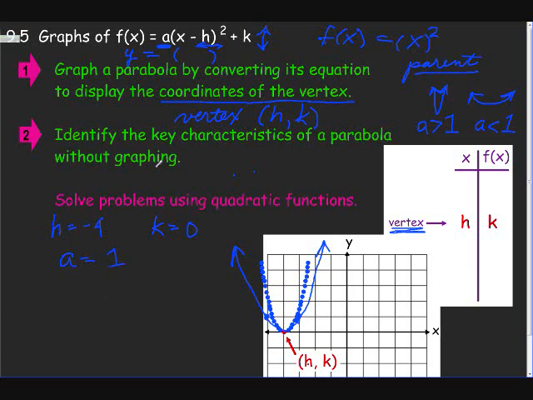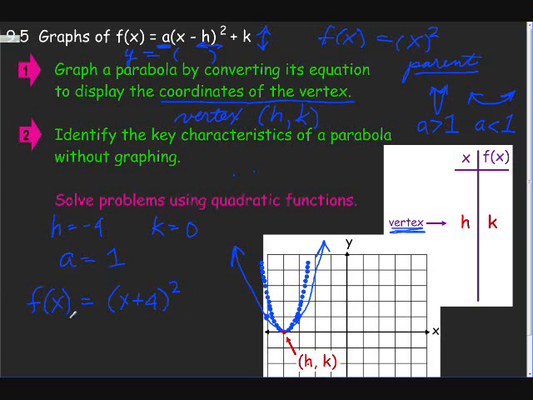Then I could fill in the rest of this, say f of x equals 1, which I'm not even going to bother to write, x minus a negative 4. And that's my operation. Quadratic always is a squaring operation. Plus k.